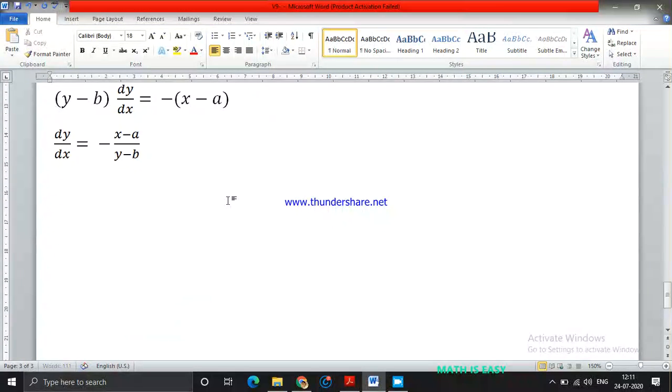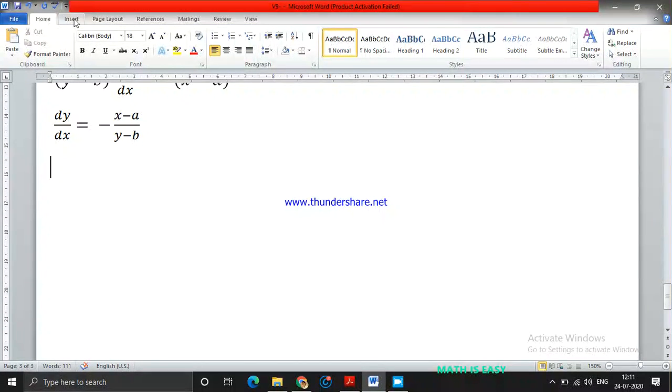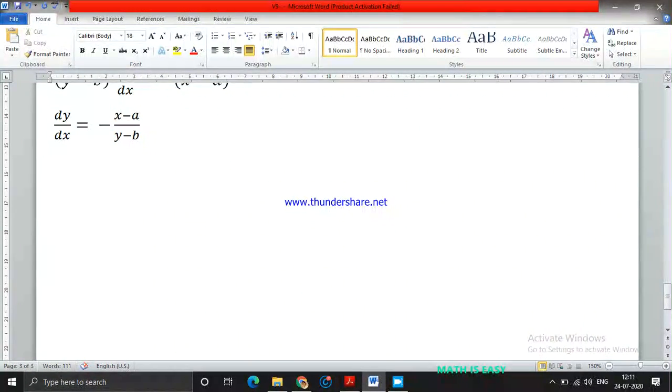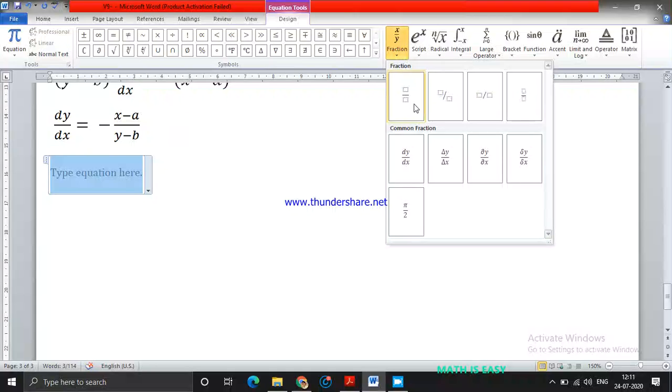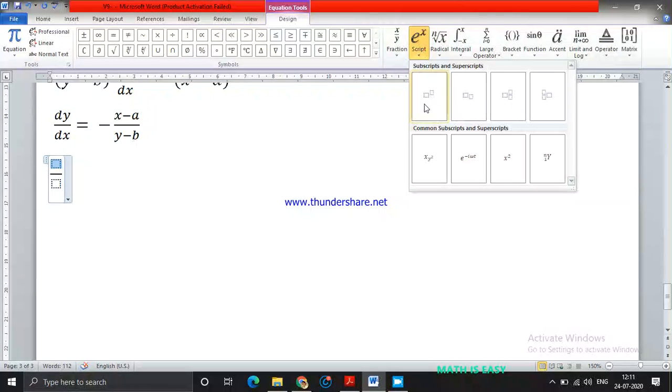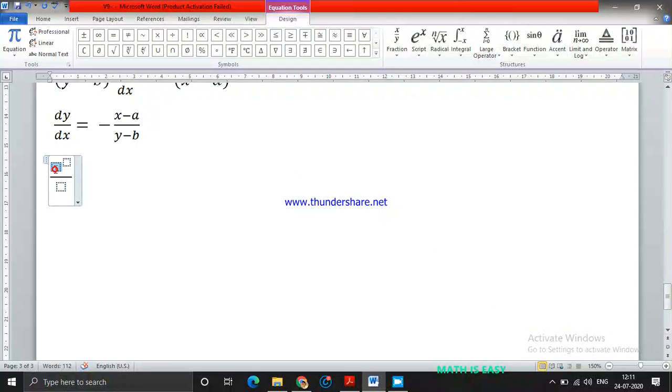When I solve for d square y by dx square, that is the second order derivative, let's see what we get. Here you have d square y by dx square. This is my second order derivative.